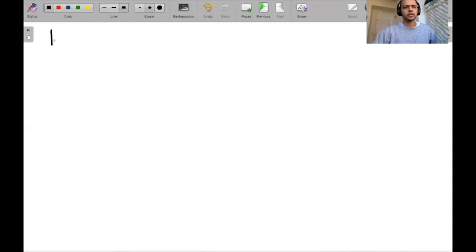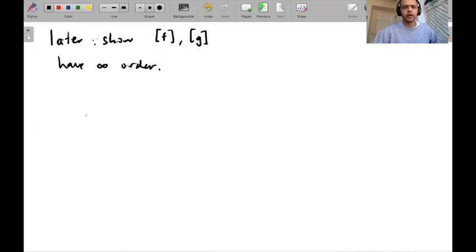Later we'll show that F and G both have infinite order. Hence, it's not true that F and G commute. So F and G don't commute.